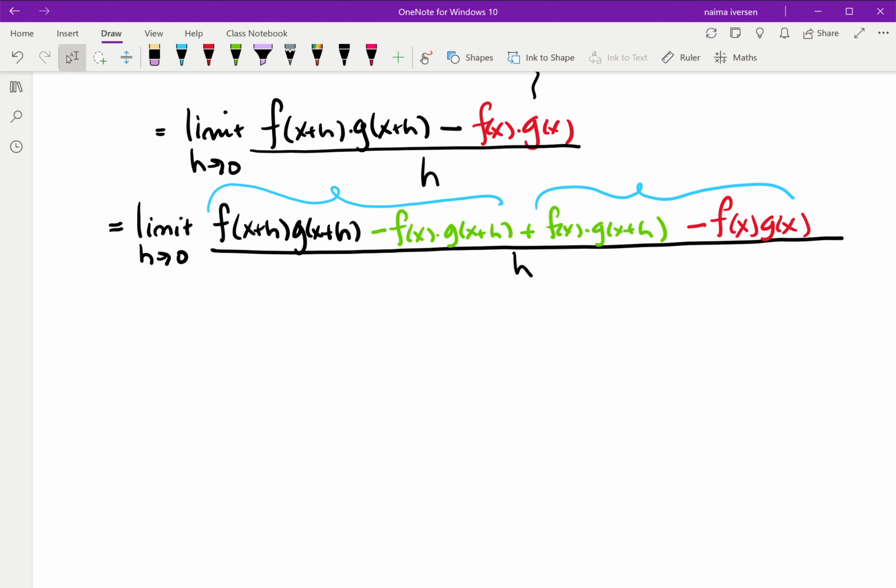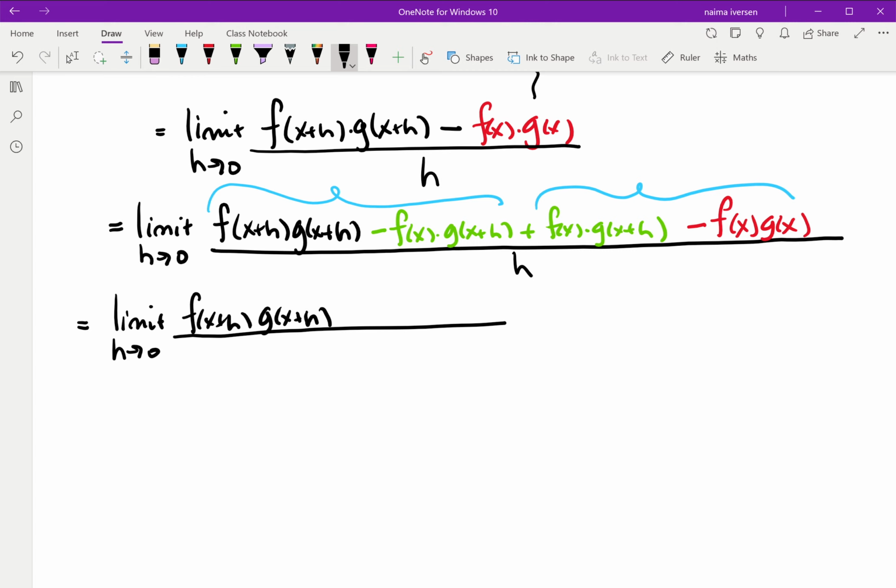And just like we did with trig limits, we are going to split up these limits as we go through. So I'm going to split up the first half, and I'm going to get the limit as h goes to 0, little h goes to 0, of the first two guys. And I've got f of x plus h times g of x plus h minus f of x times g of x plus h, and it's over h.